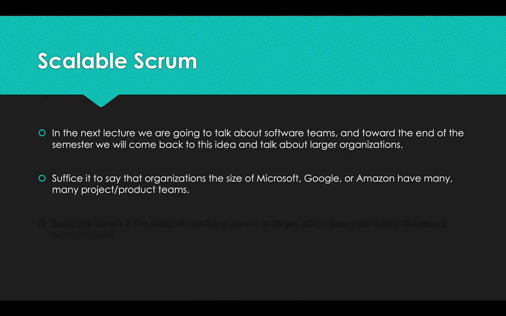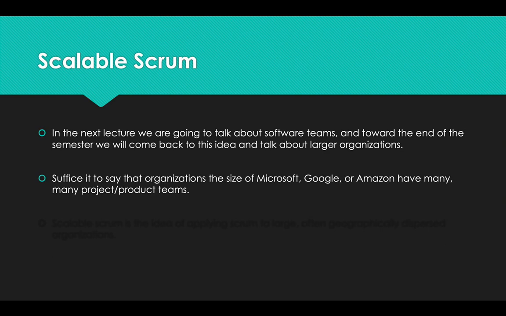And so there's this idea of scalable Scrum. Suffice it to say that organizations the size of something like Microsoft or Amazon or Google have a really hard time using just sort of vanilla Scrum off the shelf.